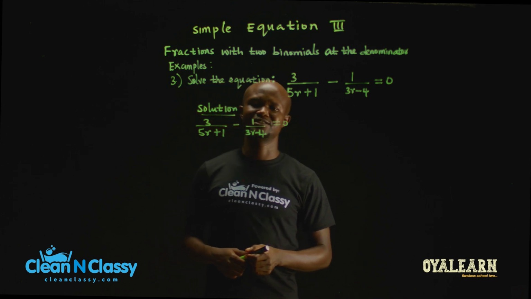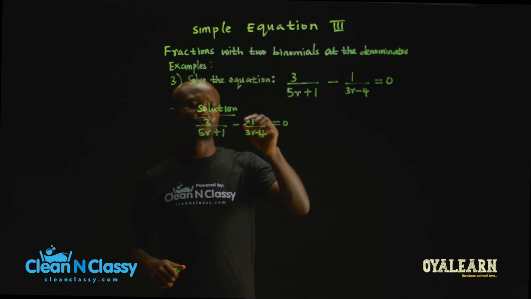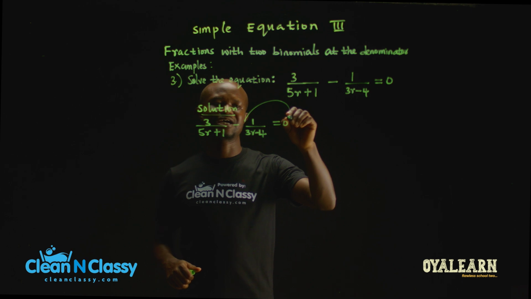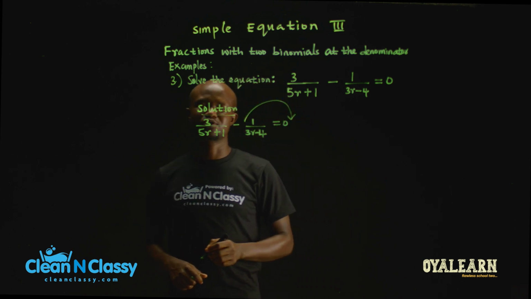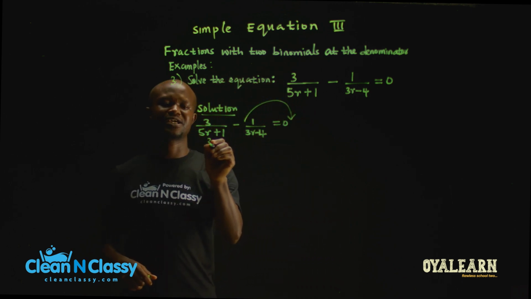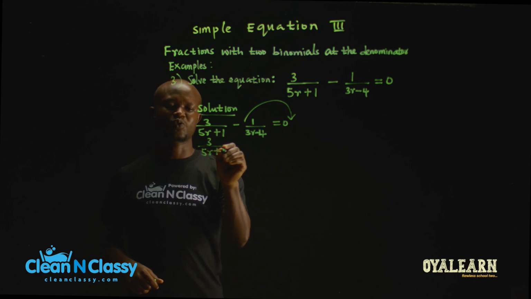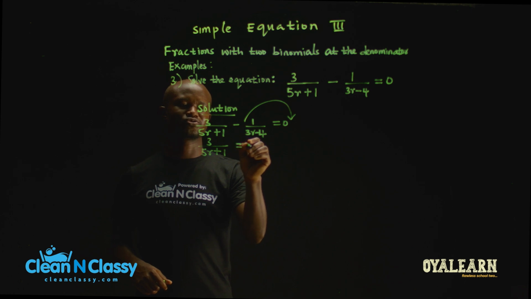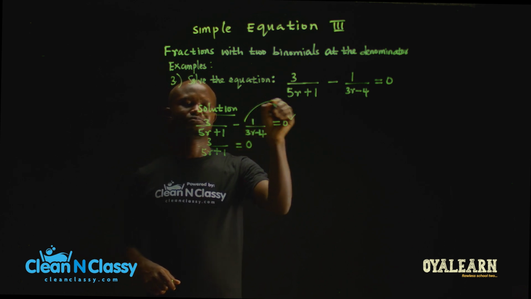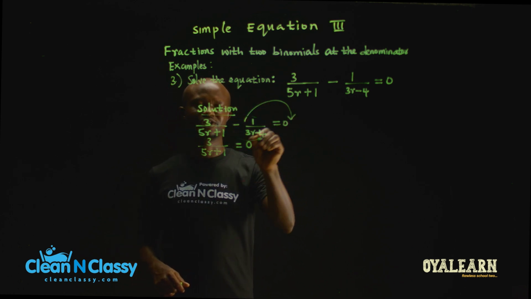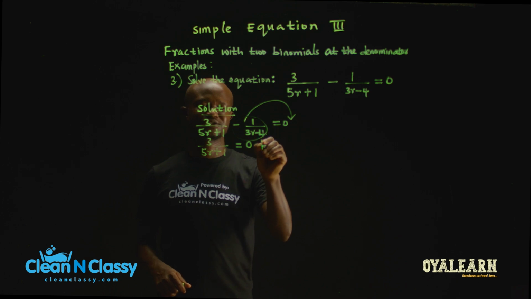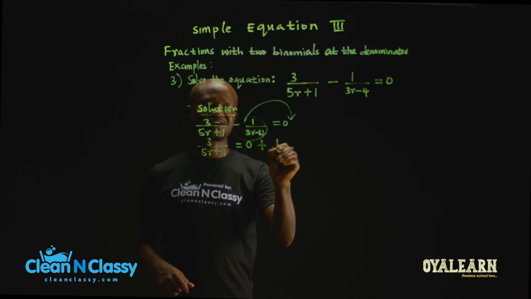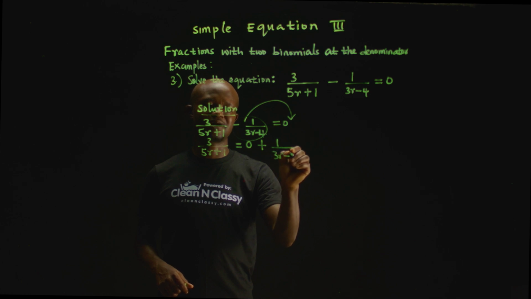right hand side. And if we move this to the right, it will turn to positive. So we have 3 divided by 5r plus 1 equals to 0, by the time we move this to the right, it will turn to positive, plus 1 divided by 3r minus 4.